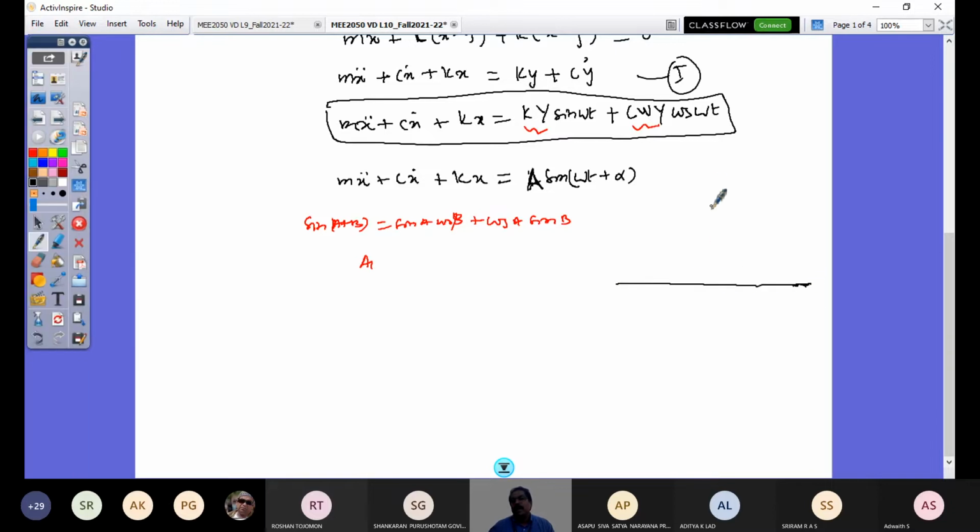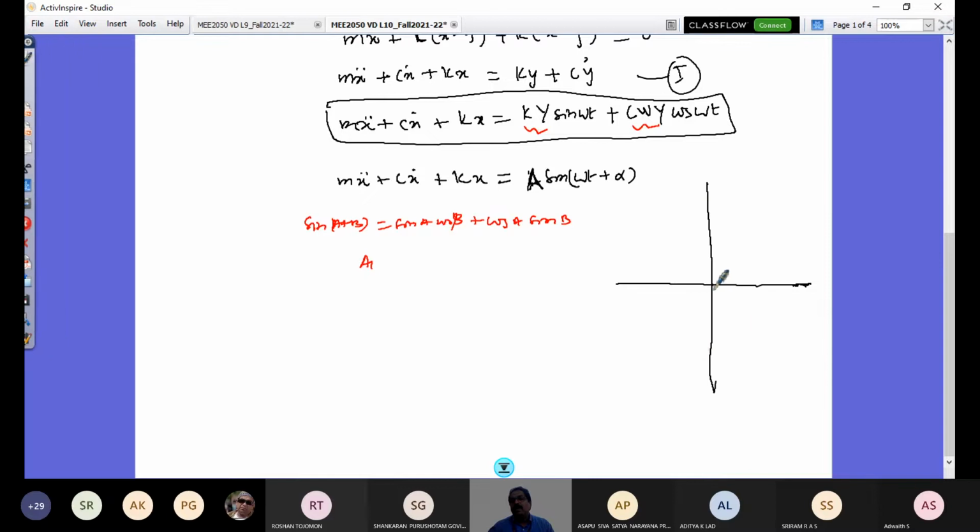So now I have my road profile, right? So road profile is y is equal to Y sine omega t. And this Y is what the road is, attached to the mass through the spring.